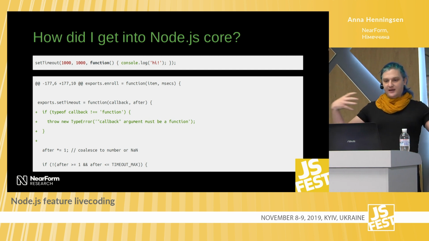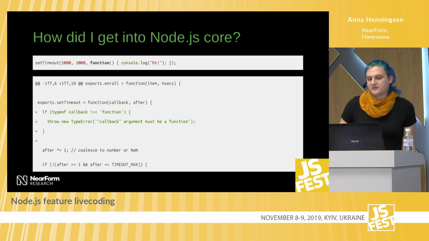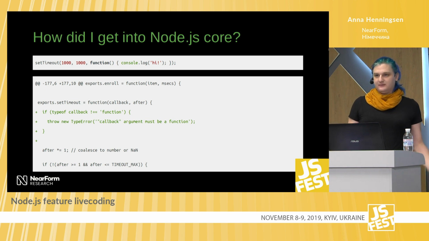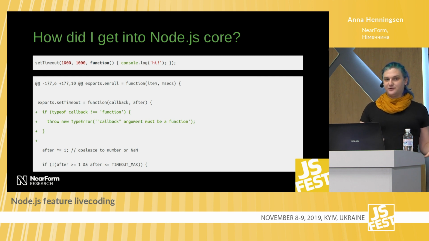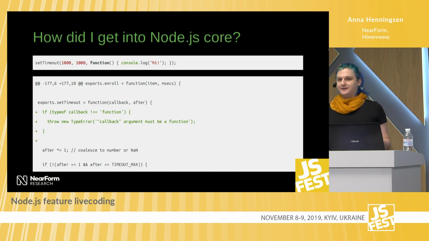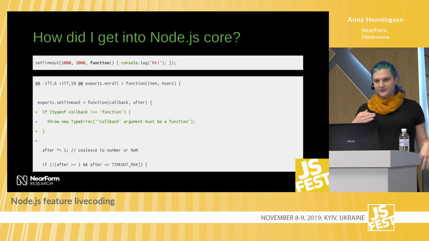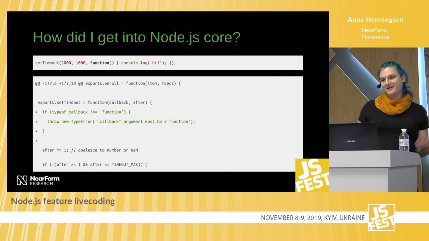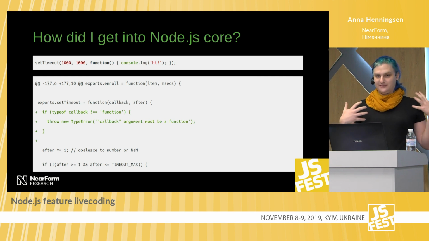But I decided, since I did this, I might as well open a PR against Node.js with it. And then I had a working copy of Node.js master on my machine, and I decided to just use that as my default Node.js, which I wouldn't recommend for production use. But that's what got me into Node Core, working on that.